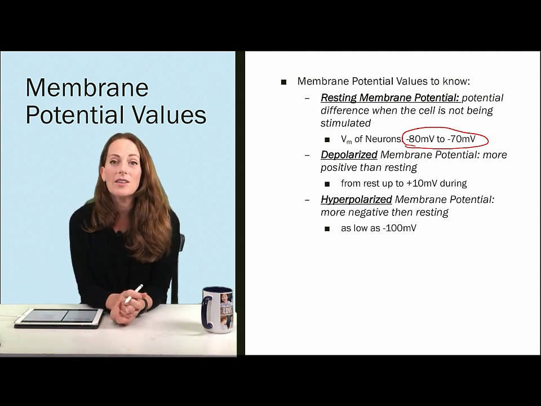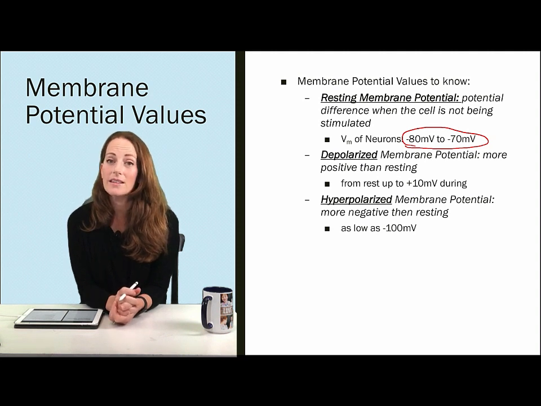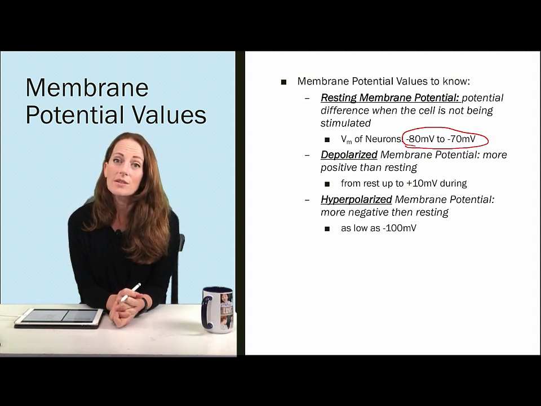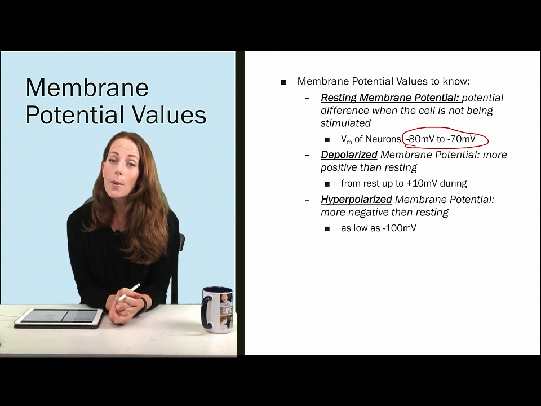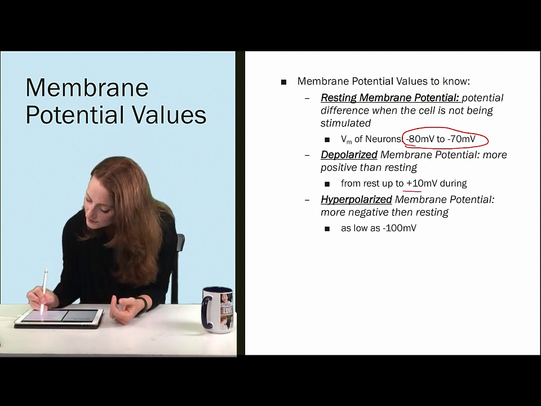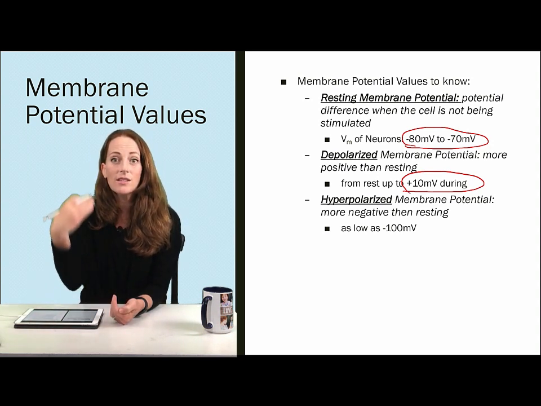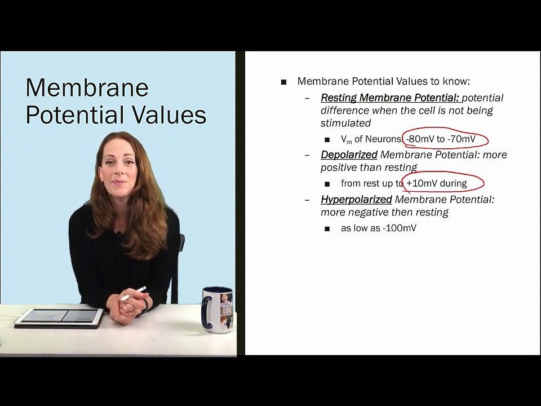If the membrane potential becomes more positive, we call that depolarizing. Often you'll see during action potentials, for example, that the membrane potential values can get more positive, above 0, +10, +40, etc. So think of those depolarizing values as moving from negative to more positive.